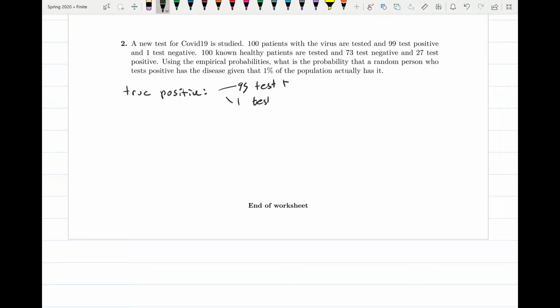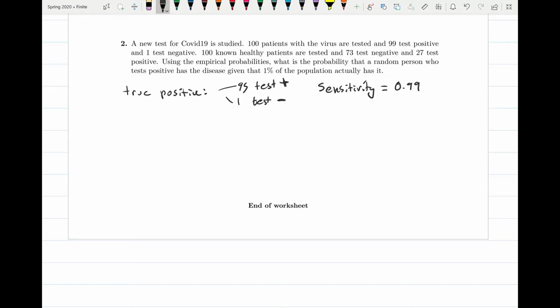So this says that, according to this limited data, the sensitivity equals 0.99. So it's a very sensitive test. If you have it, you're going to be tested positive most likely.